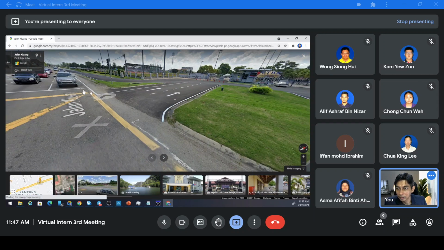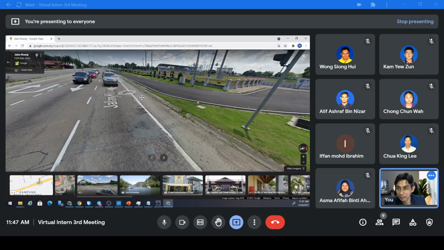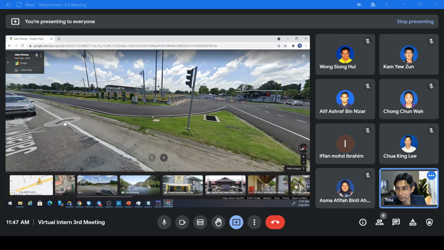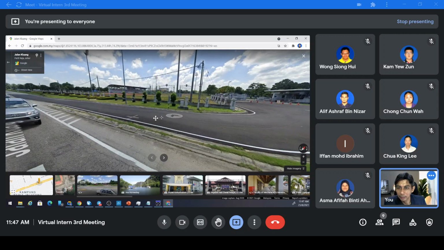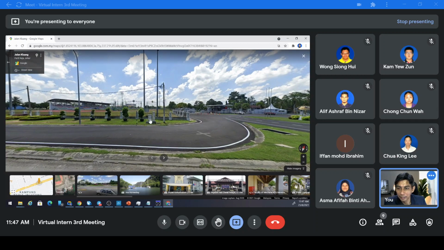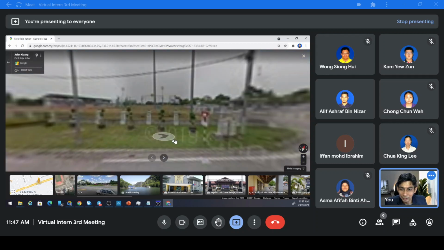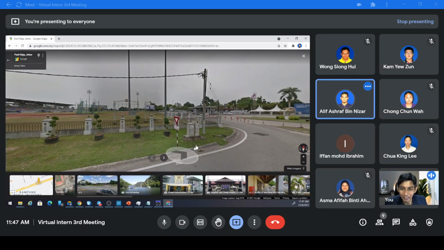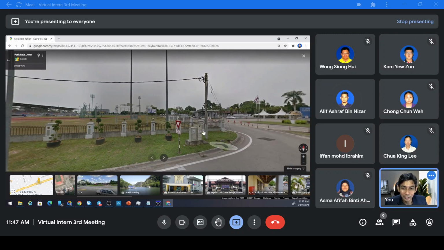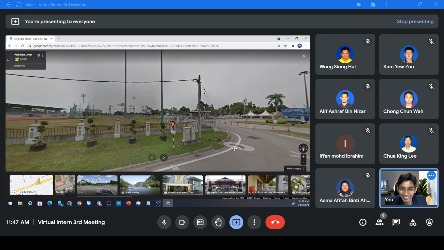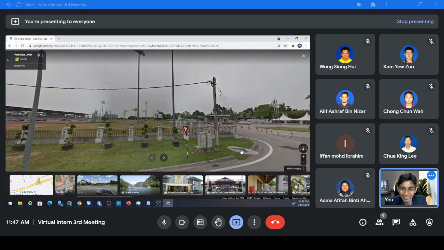Ni. So pergi sini sikit. You nampak ni? Nampak? Yes doktor, nampak. Nasib baik ada Google Map kan, boleh tengok. Kalau you rindu UTHM lah, ni stadium kan, ni library. Alright. So yes, everyone is missing UTHM kan.